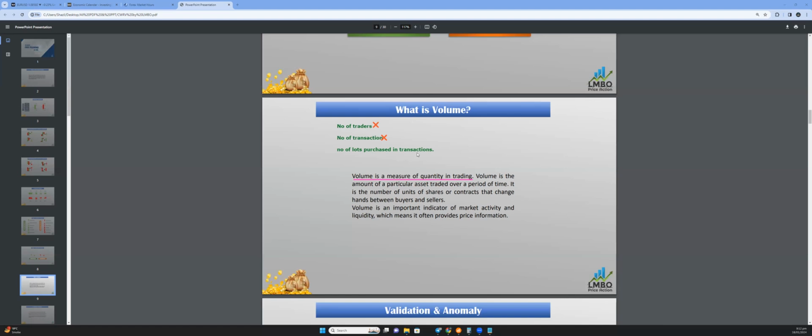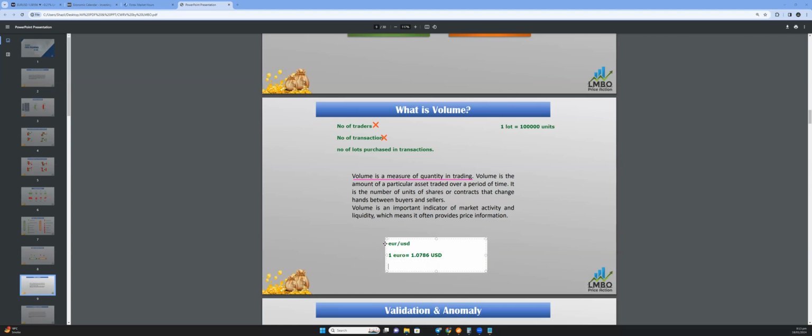So lots calculation: one lot is equal to 1 lakh units. What is the unit? For example, take EUR versus USD. 1 euro is equal to, for example, 1.07856 USD, right?